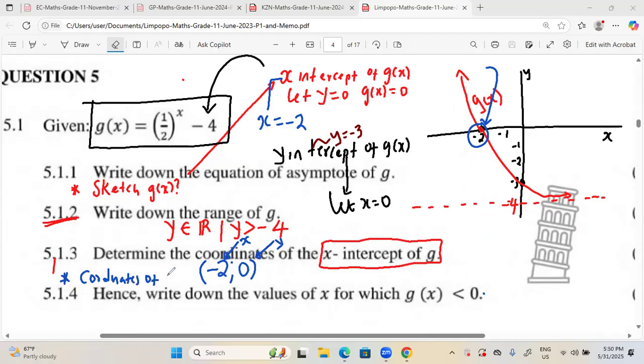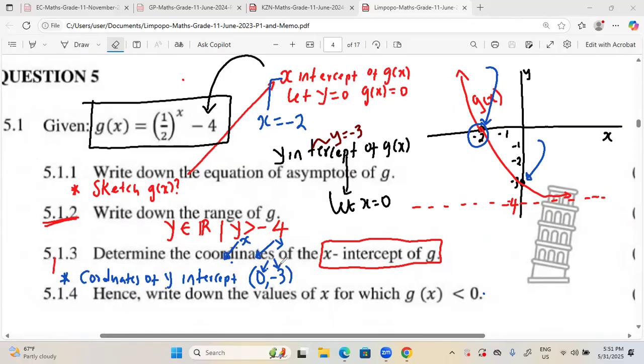If they want the coordinates of the y-intercept, this is what you do. You look for the y-intercept. The y-intercept is negative 3, meaning that the y value is negative 3, but the x value there is 0. So these are the coordinates of the y-intercept. The x value is 0, but the y value is negative 3.